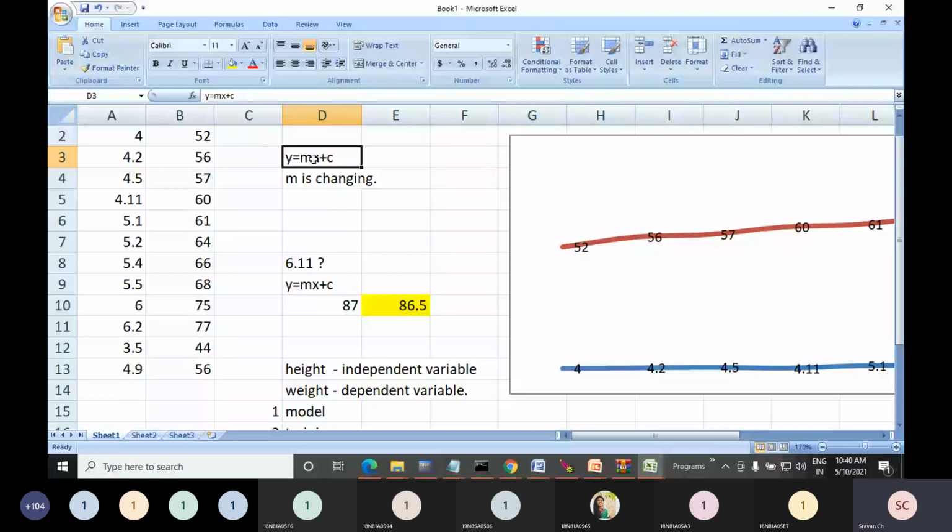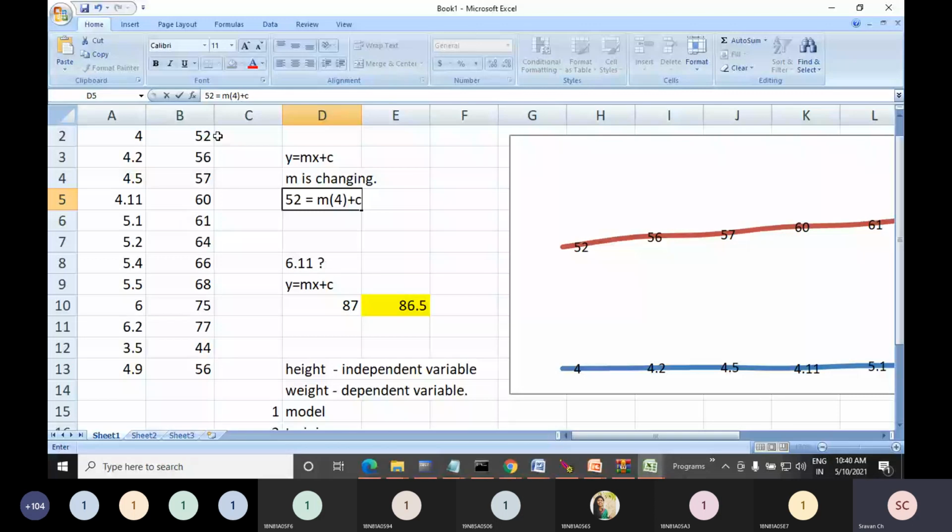Now for example, let us take the first combination, 4 and 52. So I have the output as well as input. I know very well that weight will be 52 when the height is 4, right? Let us assume c is some constant, let us fix it to 2, 3, some value like that.